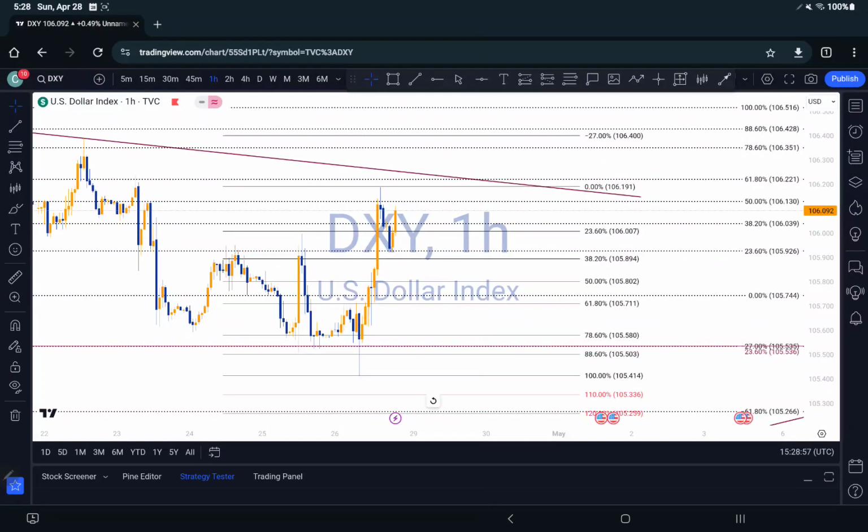So let me just draw my scenario right here. Let's have my first scenario, maybe something like this to this level right here. Another scenario will be, let it break here and come here.